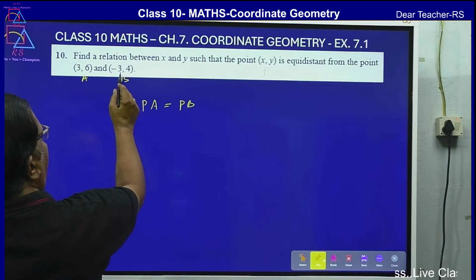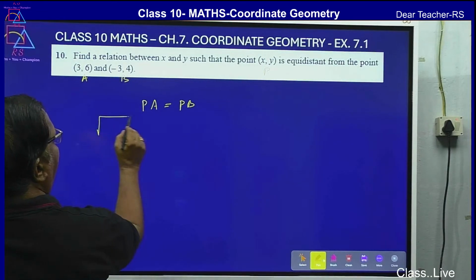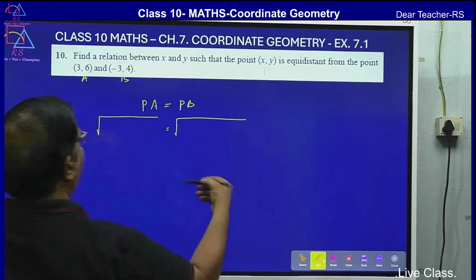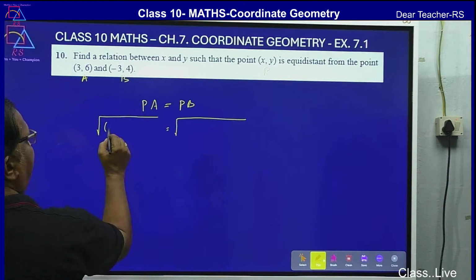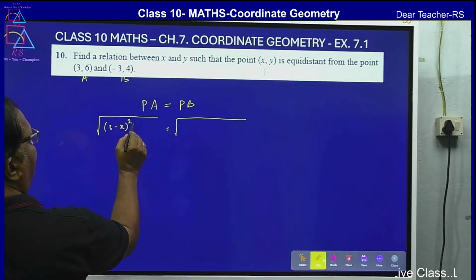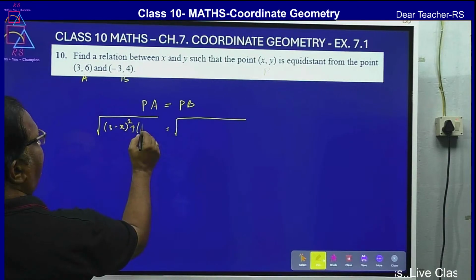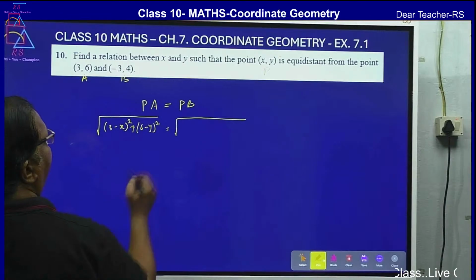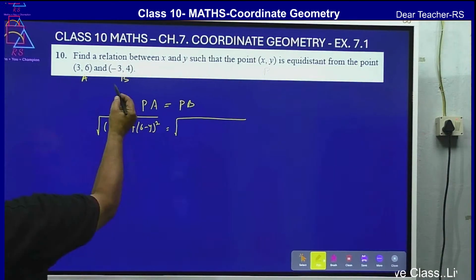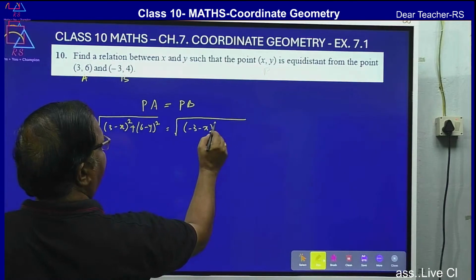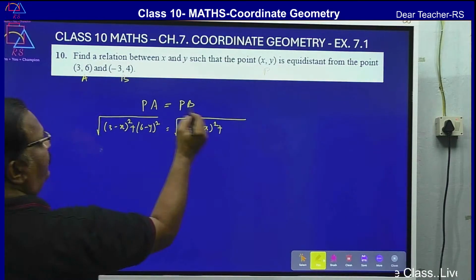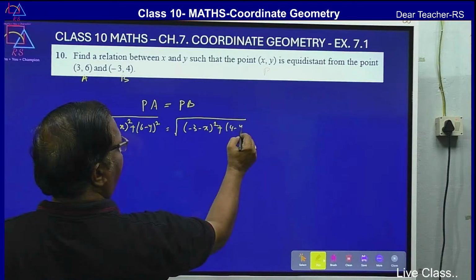So square root, actually we can remove the square root here but we will do it in the next step. So 3 minus x whole square, 6 minus y whole square, and PB: 3 minus x whole square, and 4 minus y whole square.